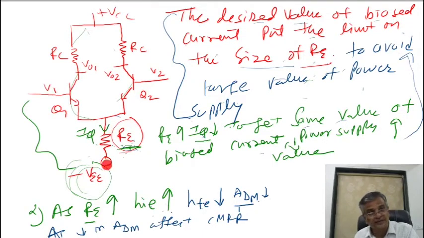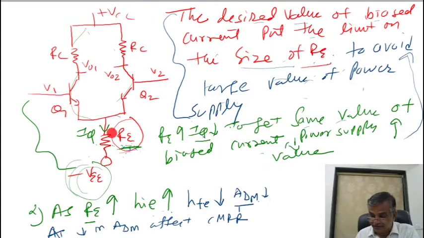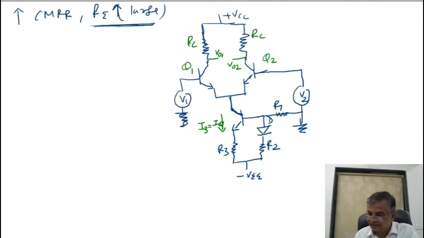Constant current should flow means this portion should behave as a constant current source circuit. So if you replace RE by this circuit, then you will get a constant current source circuit. If RE is replaced by a constant current source circuit, then a large value of CMRR will be achieved.